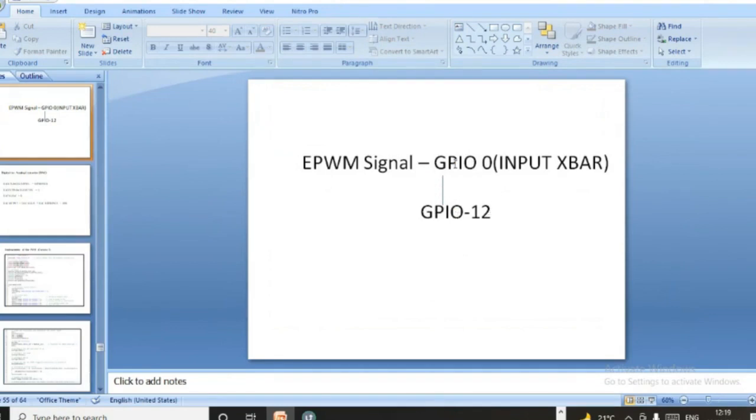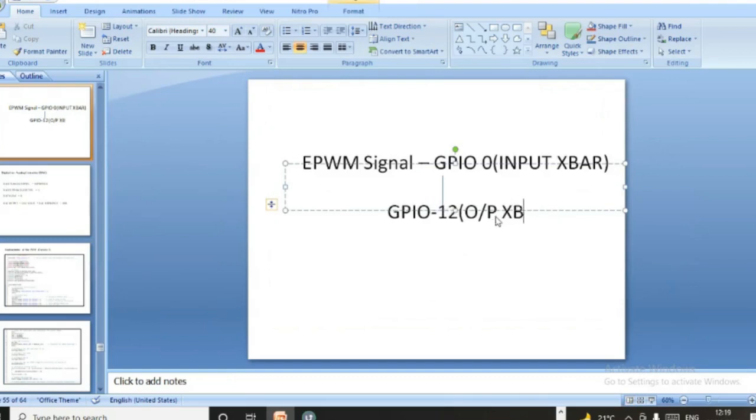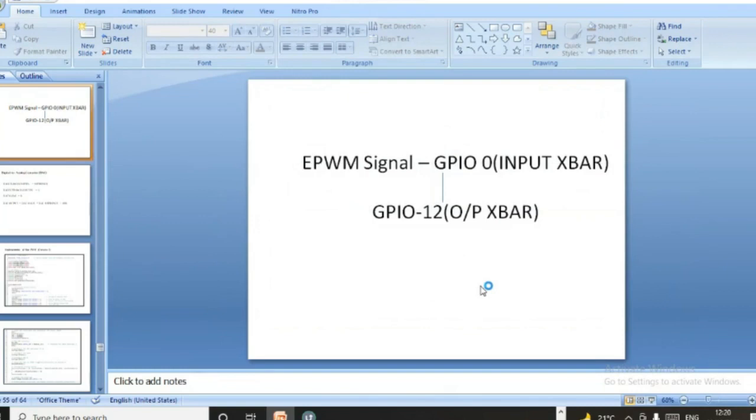For that, I need to configure GPIO 0 as an input crossbar and GPIO 12 as an output crossbar. Once I select these, I will be able to see my EPWM signal on GPIO 12, which is there on GPIO 0. Or let's say J7 pin 40, I can see the same signal on J7 pin 80 as well. In this way you can route your signal.